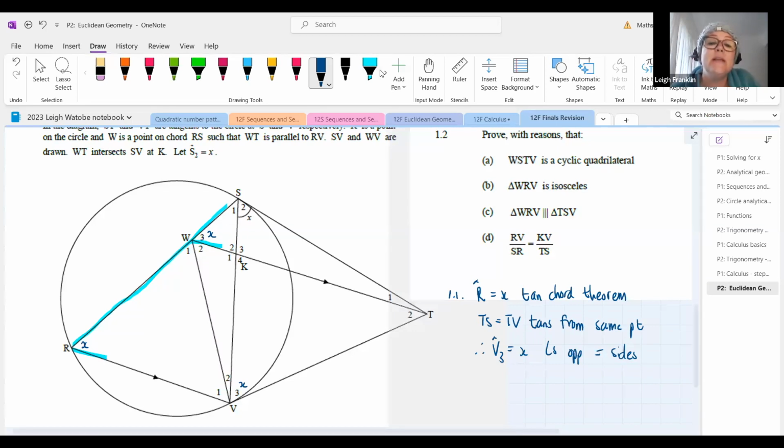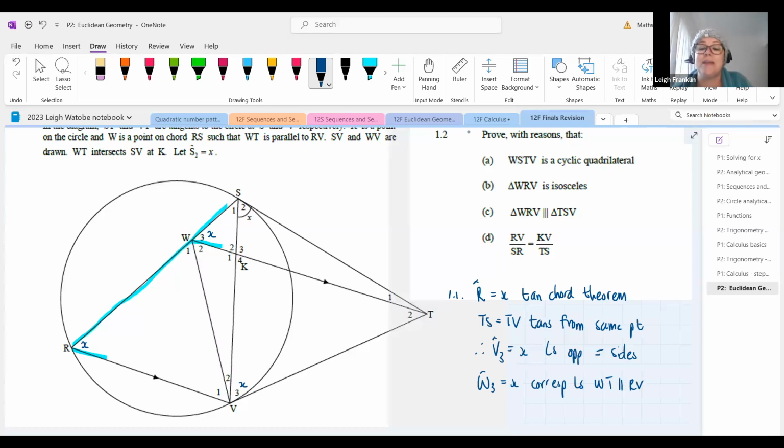Is that easy to see now? Oh, there we go. I know it's always difficult in matric to spot corresponding angles. It's never as straightforward as it was when we were in grade 8, 9, 10, 11. Okay, they're a little bit more hidden. All right, so W3 is the third one. That's equal to X because of corresponding angles, and that's because WT is parallel to RV.